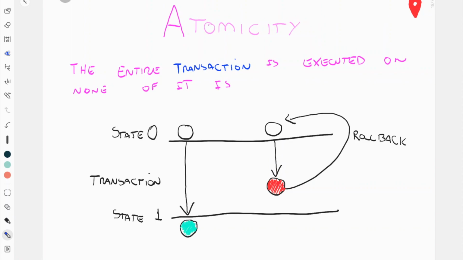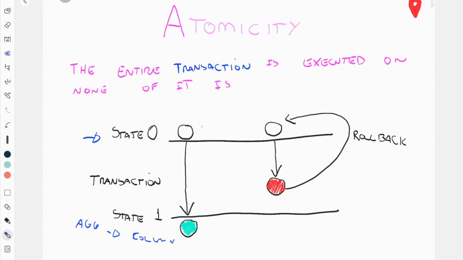The entire transaction is executed, or none of it is. You can see here that you have state 0 and state 1, and let's say this is an aggregation of your data, transforming into a new column.